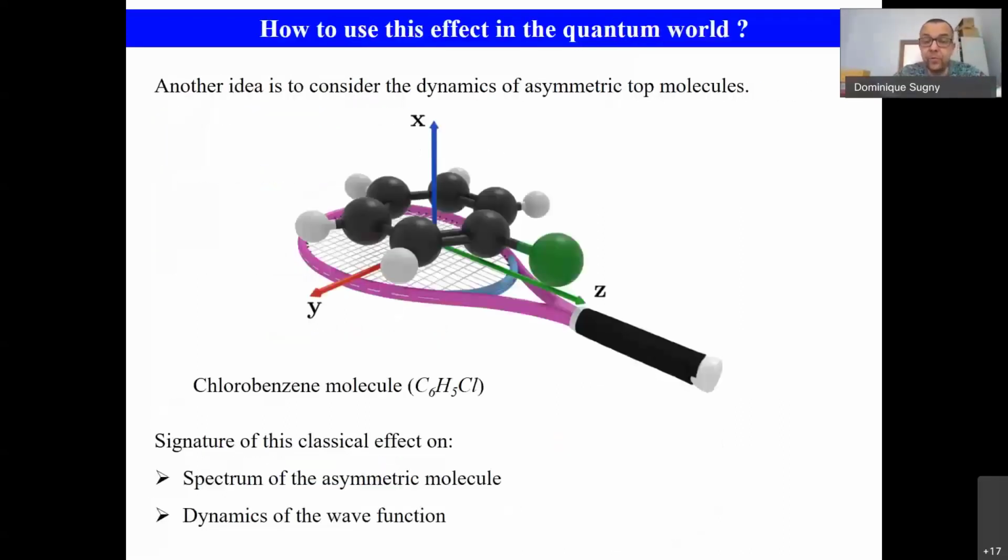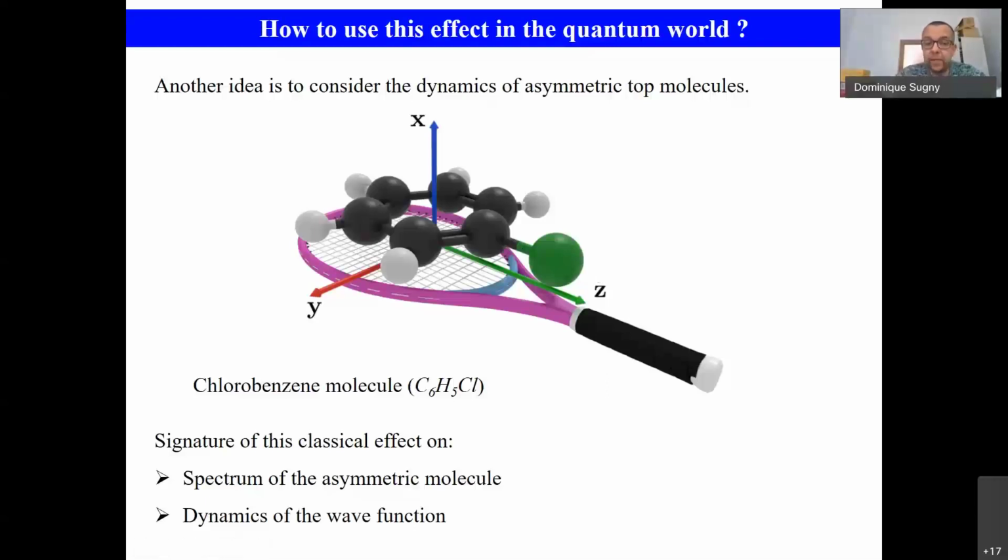I'm not going to describe this point, but another possible application of the tennis racket effect in the quantum world is to study the dynamics of asymmetric top molecules. Here I just give you a rough idea with this picture where we consider the chlorobenzene molecule, where this cycle here corresponds to the head of the racket, and the chlorine atom corresponds here to the handle.